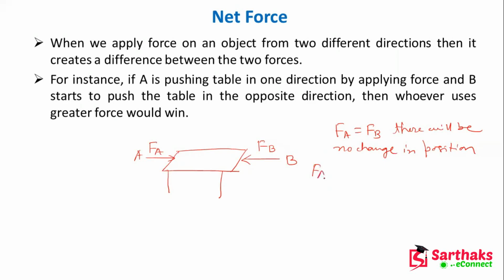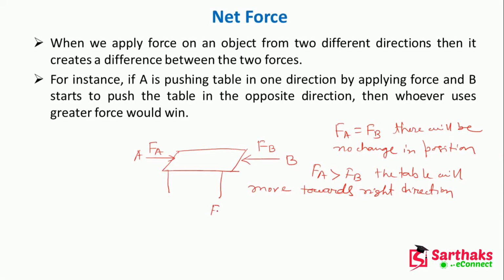If FA is greater than FB, the table will move in which direction? If FA is greater than FB, the table will move towards the right direction. Okay.